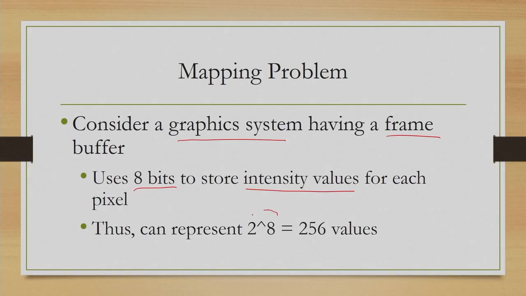That is 2 to the power 8 or 256 values. It means that for each pixel location we can assign any one of the 256 values as a color value. So, for that particular graphics device, any pixel can take at most 256 color values.